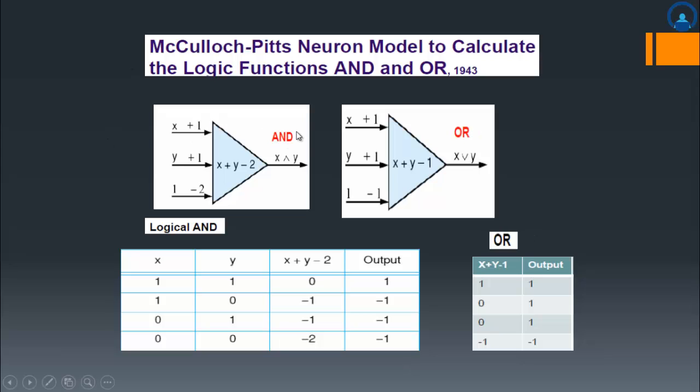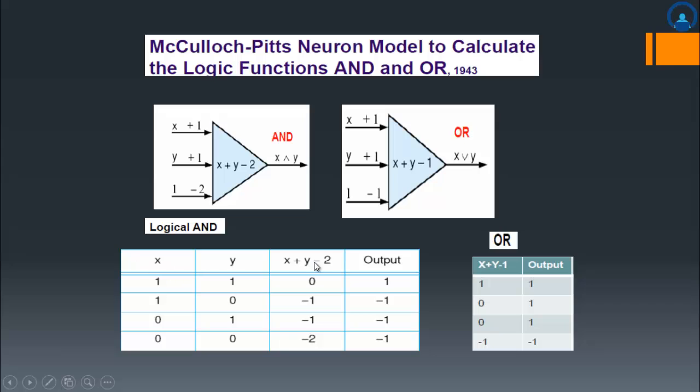So look at the AND: X, Y are the data inputs and this is the bias value. +1, +1 are the weights of X and Y, and -2 is the weight of the bias value. For any values X and Y, the neuron computes X plus Y minus 2. If this value is less than 0, it returns -1, otherwise it returns +1.